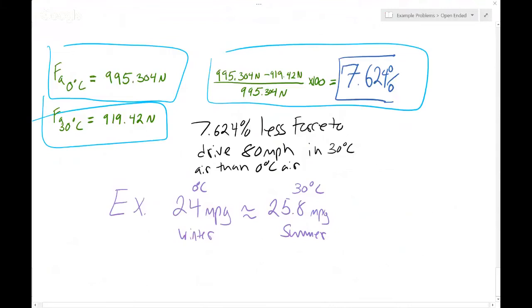And so obviously the better gas mileage your car gets, the better your conversion ratio is. So for example, if you had a car that got 30 mpg during the winter, you'd be looking at like 32 point something during the summer.